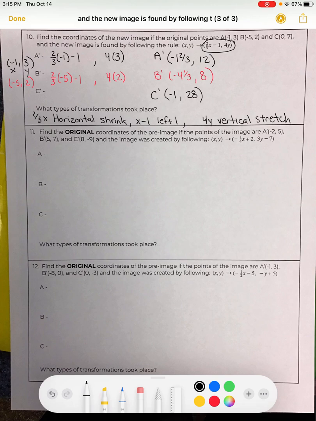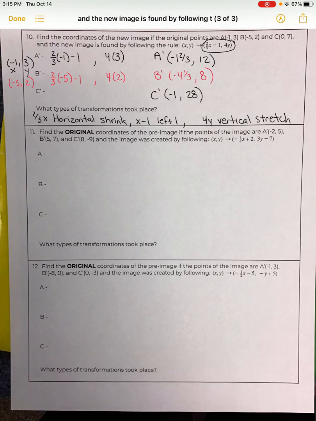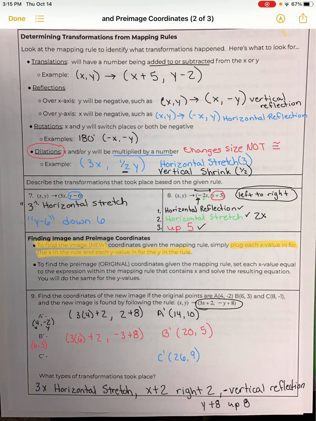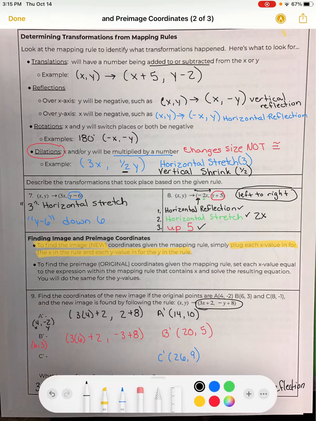This next example we're going to look at, this time instead of asking you to find the new points and plugging it in, we're going to work backwards. So I don't know if I can get back to the last screen. If you look down here, I didn't highlight this earlier because I wanted to talk about here. It says to find the pre-image or the original. So this is different.